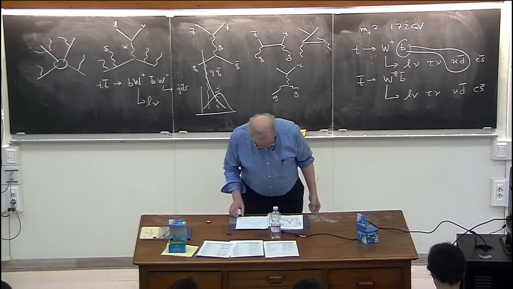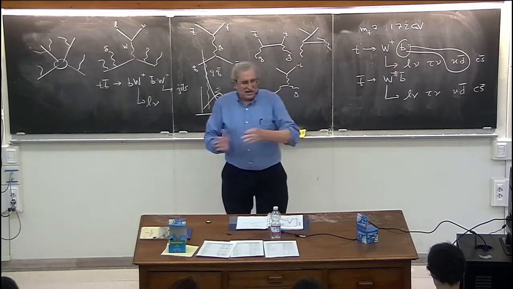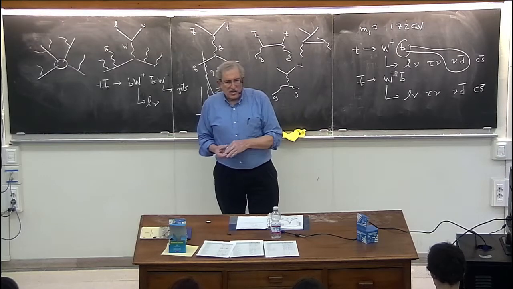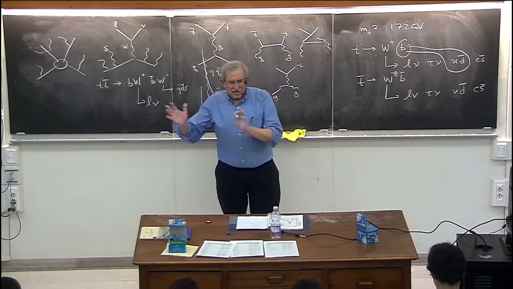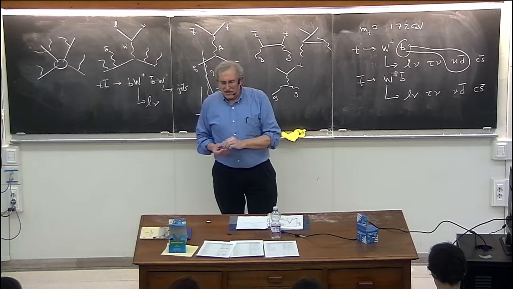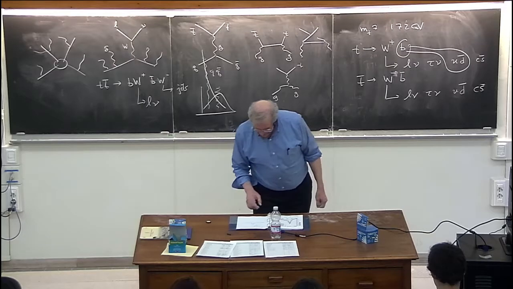So it's kind of amazing how well you can do, on the one hand, studying the top quark with this large sample of events that's rather distinct from the rest of QCD. On the other hand, as we'll see, this is going to be a big annoyance when I talk on Monday.